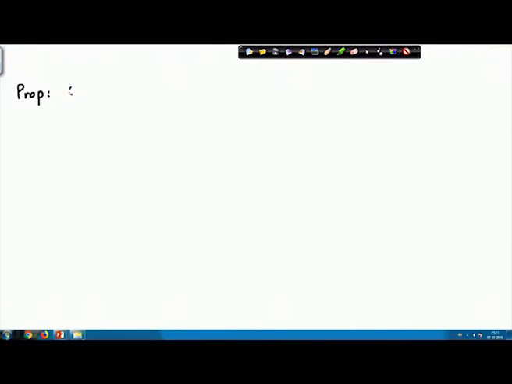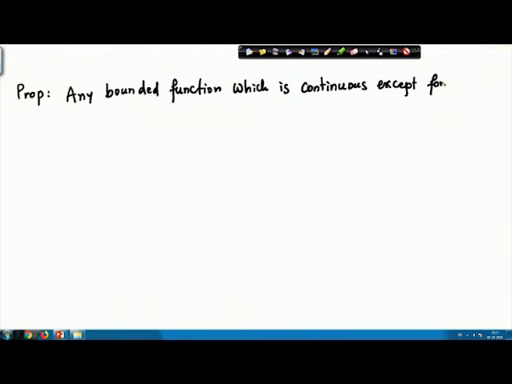It says that any bounded function which is continuous except for a finite number of points, that means it is not continuous at these points, is Riemann integrable.